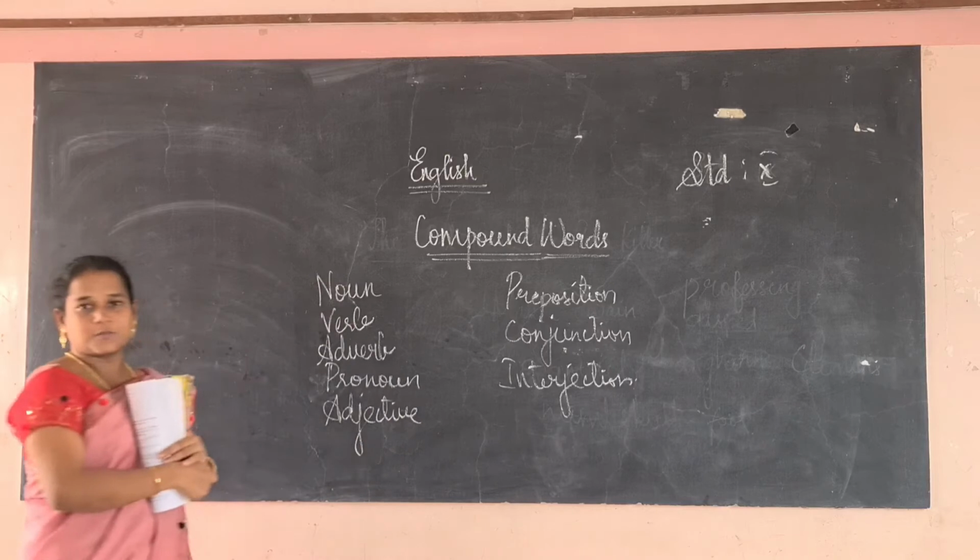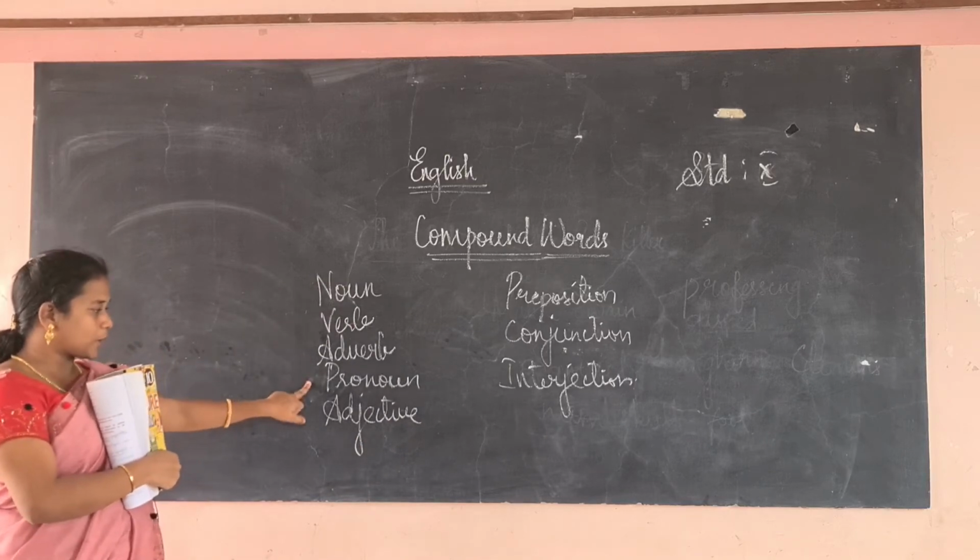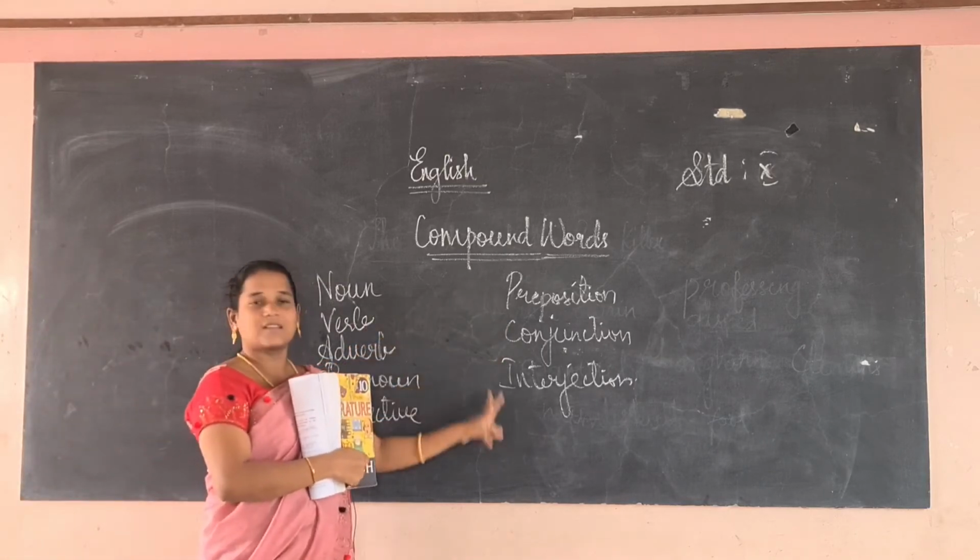So there are 8 parts of speech: noun, verb, adverb, pronoun, adjective, preposition, conjunction, interjection.